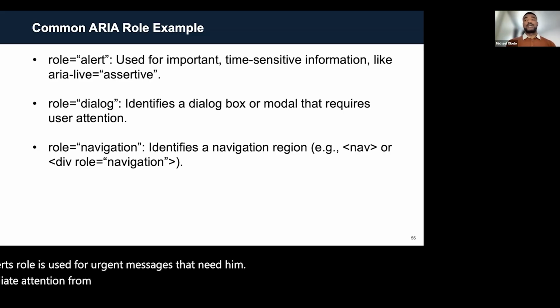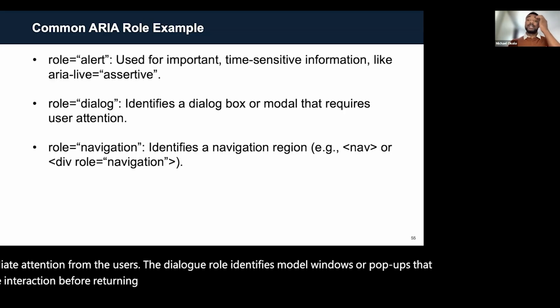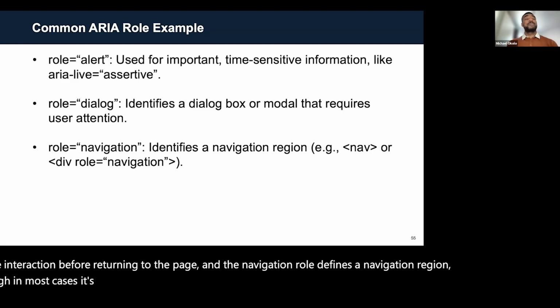The dialog role identifies modal windows or pop-ups that require interaction before returning to the page. And the navigation role defines a navigation region, although in most cases it's better to simply use the semantic nav element instead.